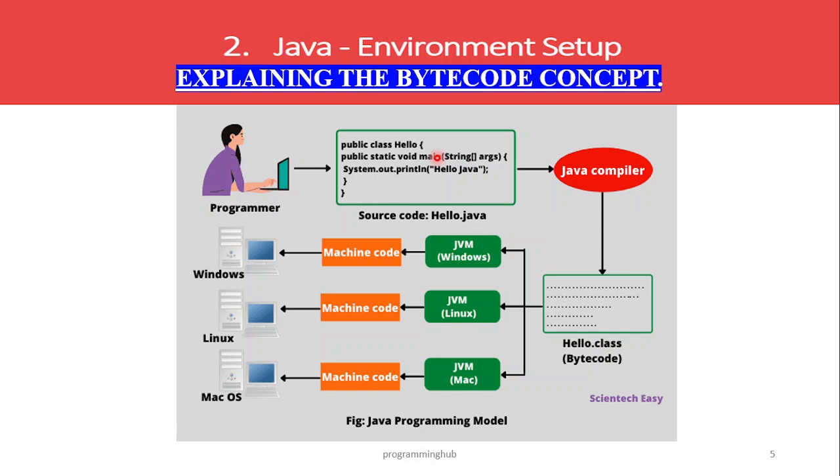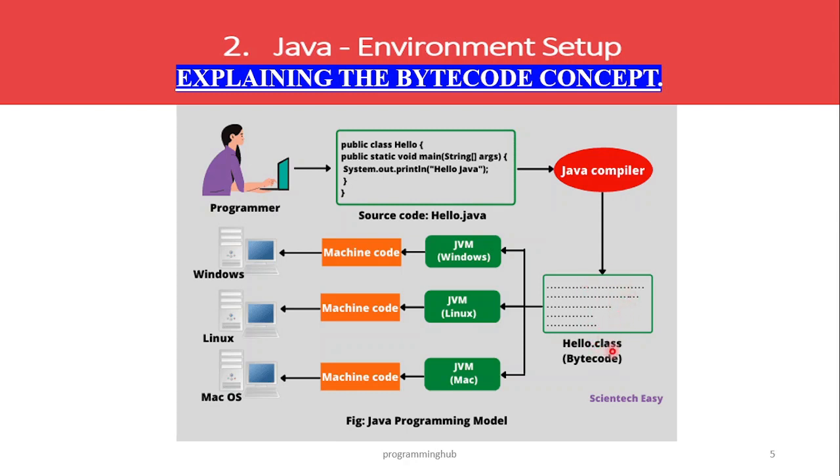All those are concepts I will explain later on: what is a method, what is a class, and what is an object. But for now, I am just explaining what the Java compiler does. Once the Java compiler sees that whatever you've done in your text file is correct, it converts this source file into a Java class.